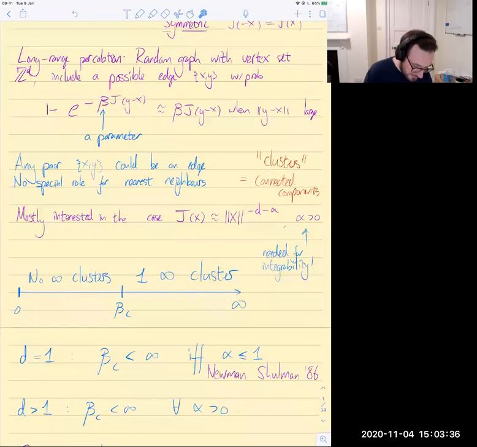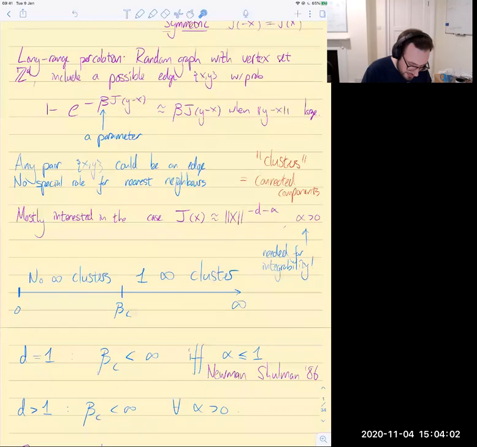In particular, J is roughly like the distance to the minus d minus alpha, where alpha is some number strictly larger than 0. I'm leaving this vague for now. In fact, all our results will be true provided you just have a lower bound of a constant times this.